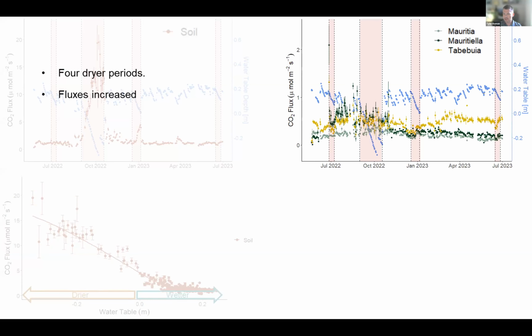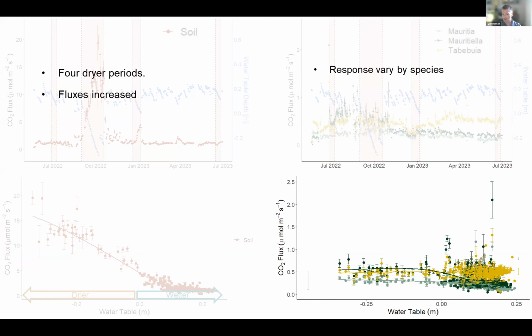If we contrast that with the stem fluxes, we see the CO2 flux rate varies by species, and there is some relation to water table, although not nearly as prominent as the soil-based chambers. But we do see that the palm species have a similar trend, with a little bit of increase as the water table drops, but again, not as prominent as the soil chambers.